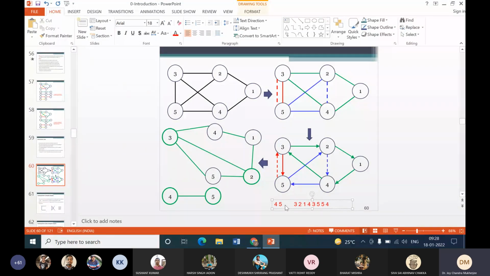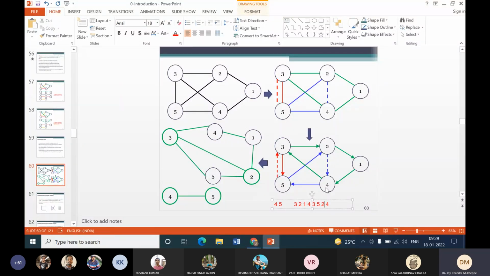Then I go from 3 to 2, 2 to 1, 1 to 4, 4 to 3, 3 to 5, then 5 to 2 and 2 to 4.